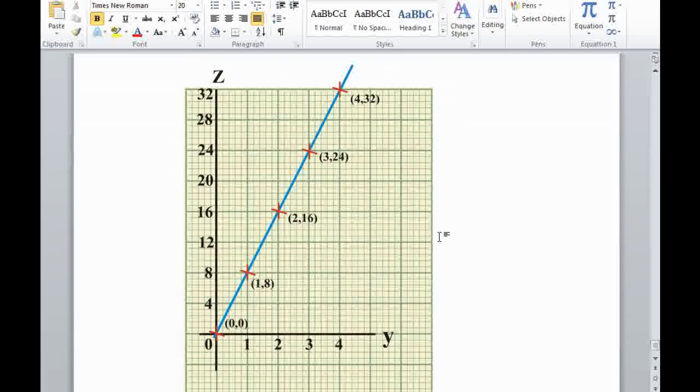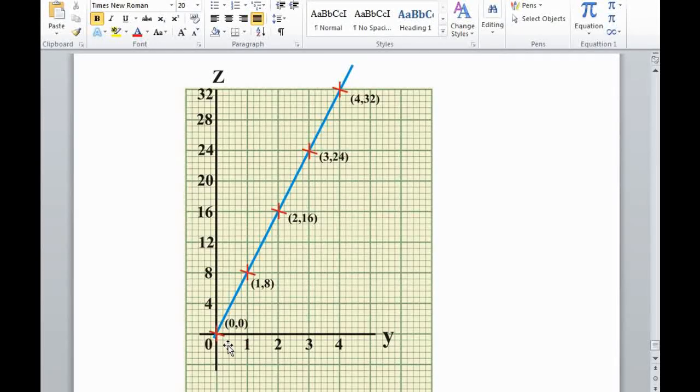Okay, again we need a suitable scale for this graph paper. So I will take this horizontal line as our y axis, and this vertical line as our z axis. So let's plot these ordered pairs on this graph paper.